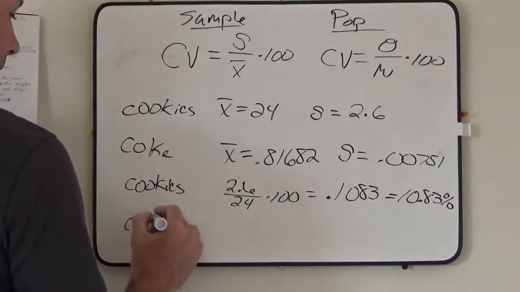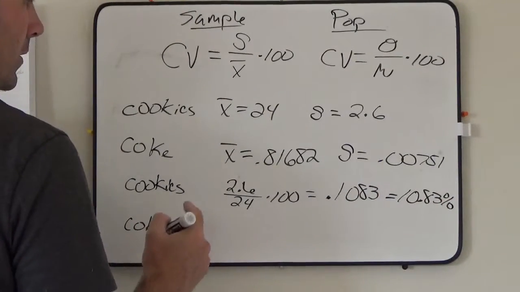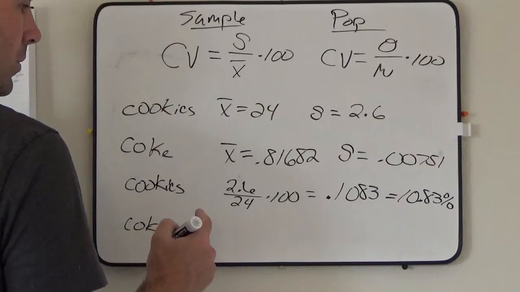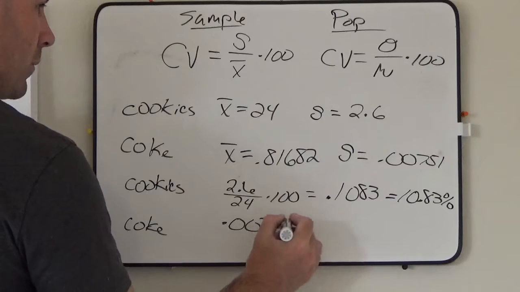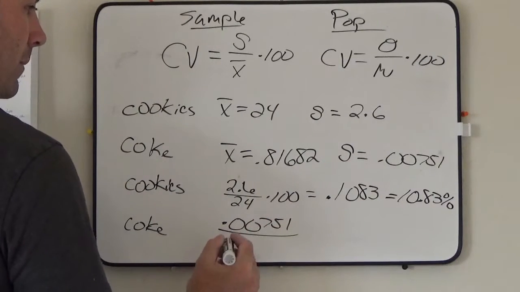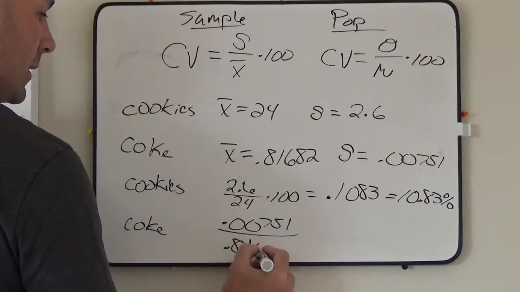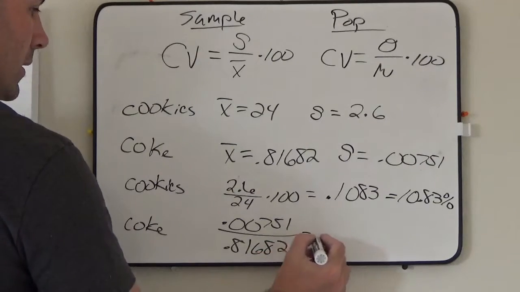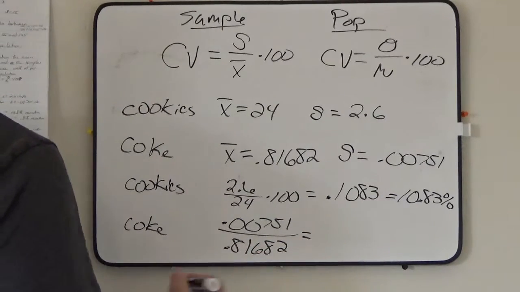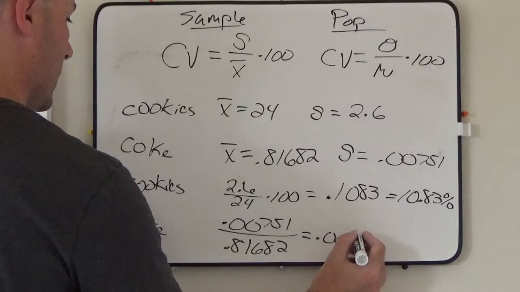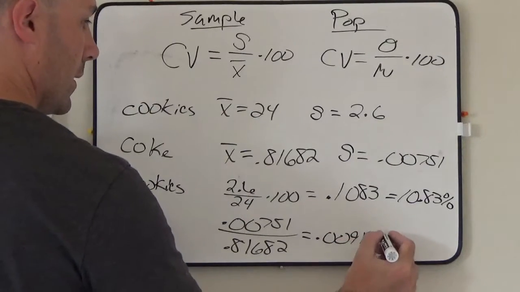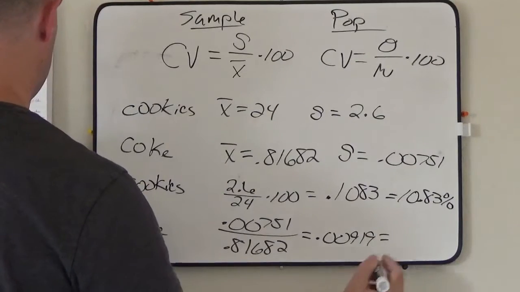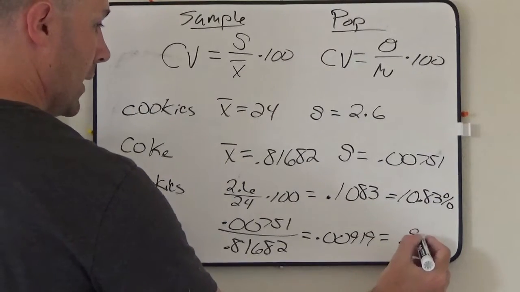Now, Coke. Again, we're going to use the same formula. We take our standard deviation, 0.00751, and divide it by our mean, 0.81682. When we divide those, we get 0.00919, which as a percent is basically 0.9%.